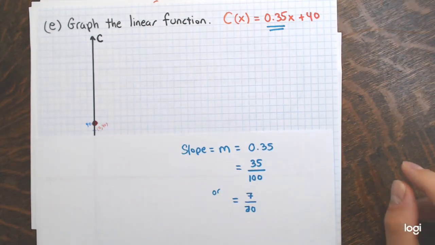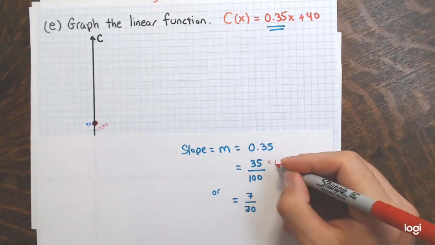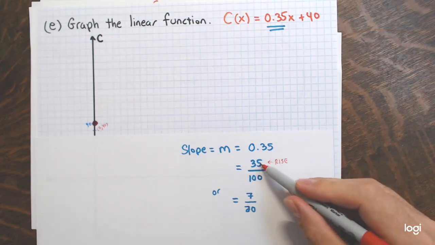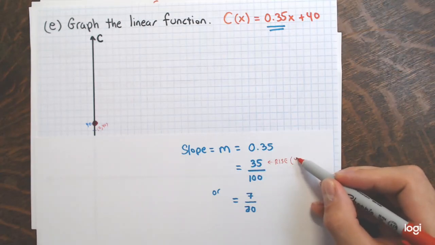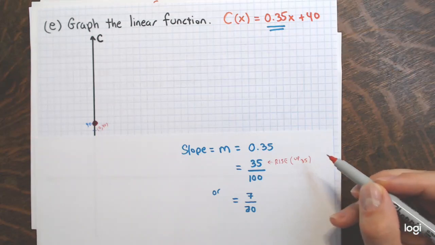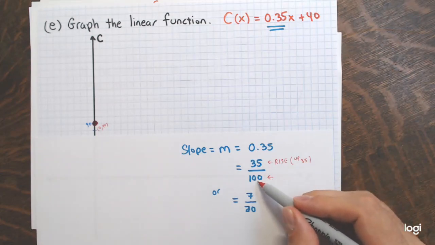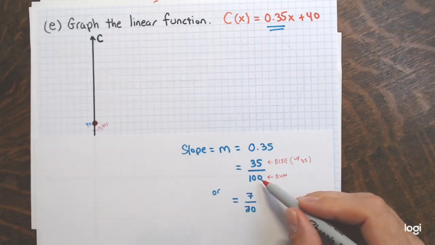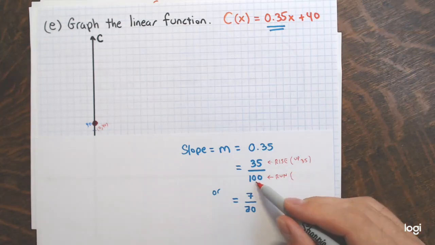All right, so in the numerator, you're seeing 35. That's the rise, how much you go up or down. And a positive rise, positive 35, means I'm going to be going up 35 units. And then the run, the horizontal change, the change in the independent variable, that's a positive number as well.